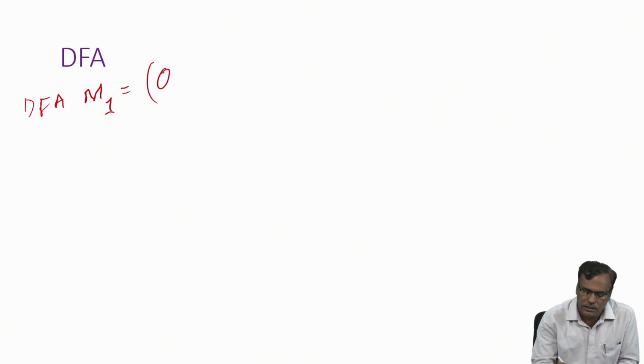For the same example, a DFA is also a 5-tuple. If I denote it with a single letter with a subscript, say M1, then what is this 5-tuple? It is the set of states, the same sigma, the transition function, the start state, and a set of final states.